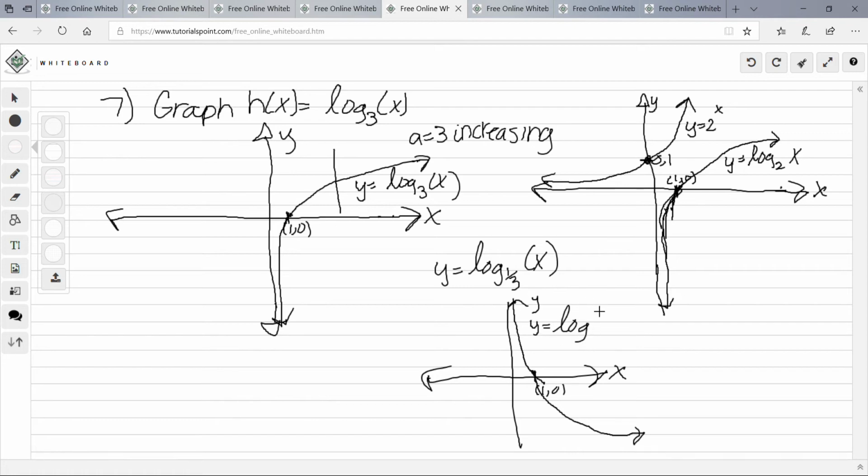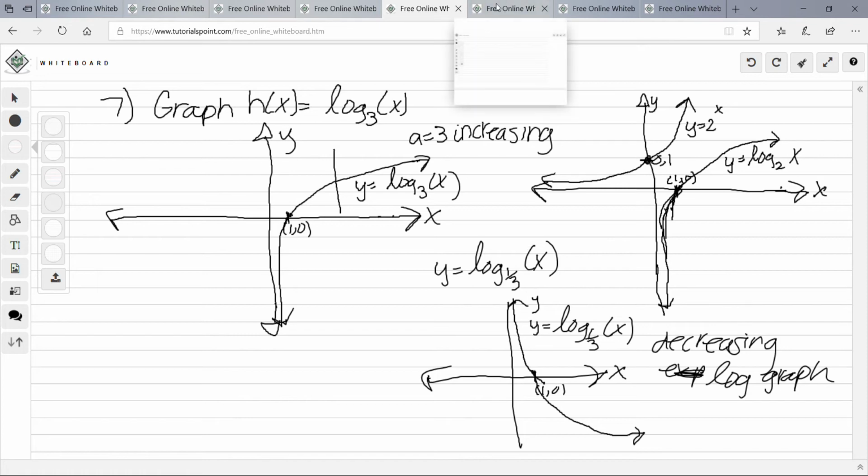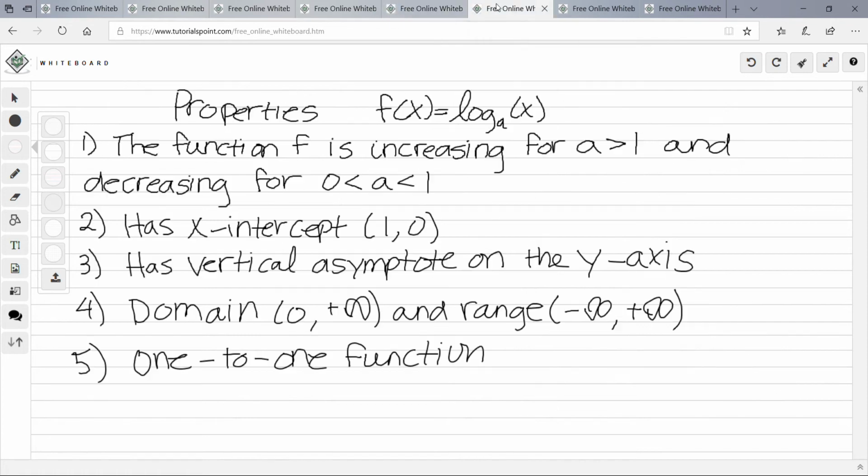This is when it's decreasing. So this is a decreasing log graph. And I will probably do a whole section on graphing log under just regular college algebra. Okay, next problem.